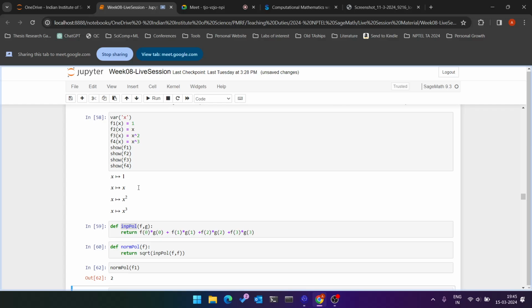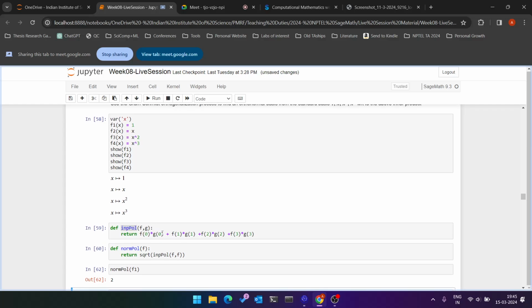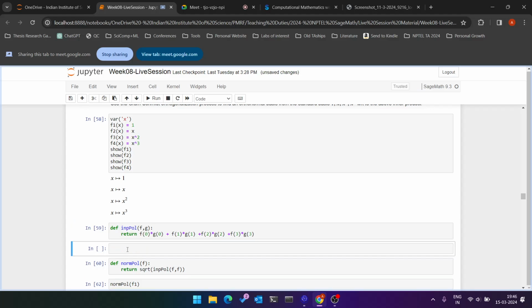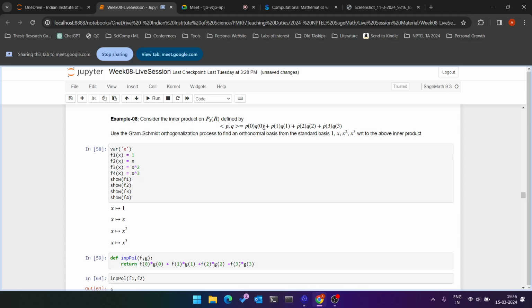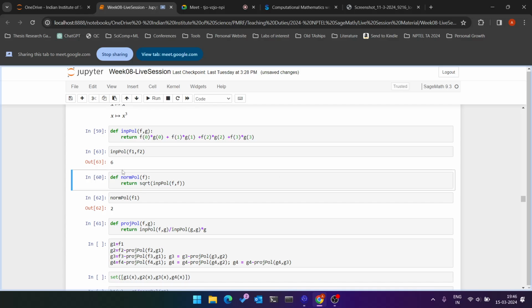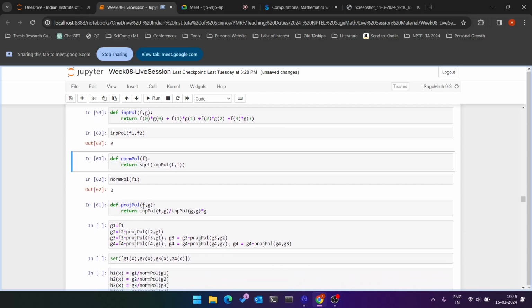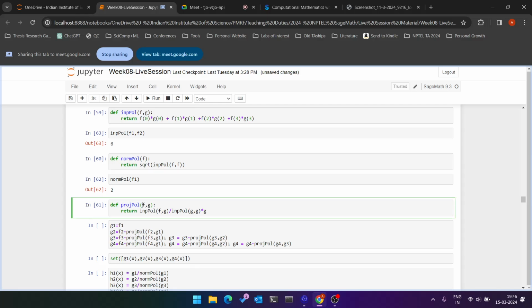And if I take the inner product between f1 and f2, that should be 6. This can be verified wherein f2 of 0 is basically 0 and f2 of 1, 2 and 3 are basically 1, 2 and 3 respectively. So just to check if the inner product and norms are working fine, and then the orthogonal projection also.